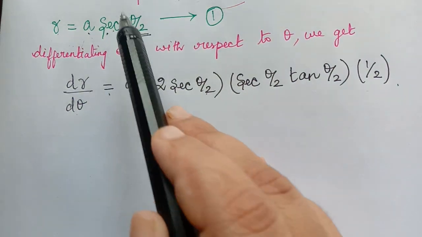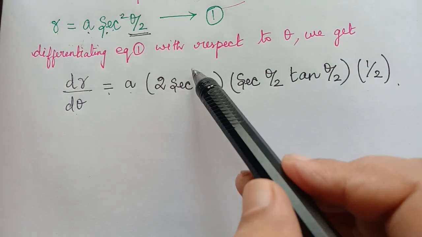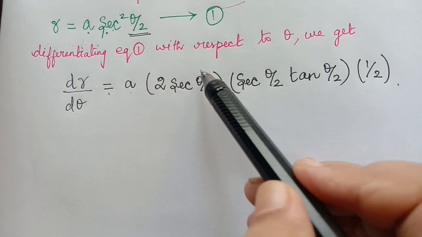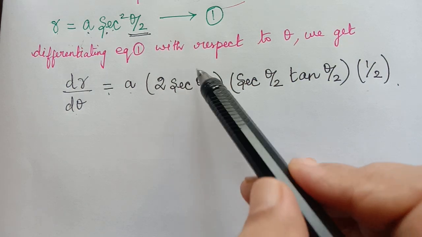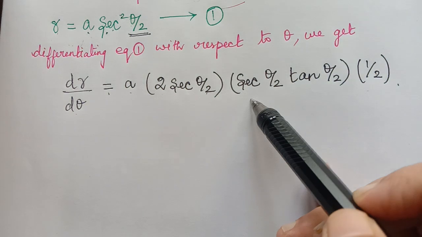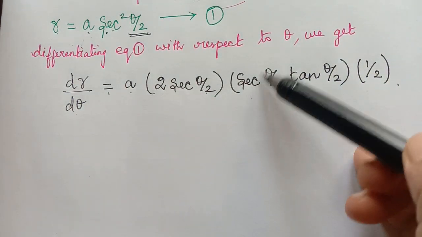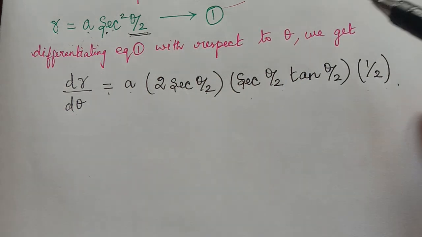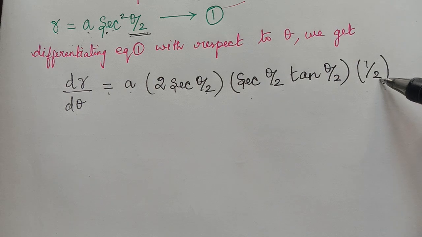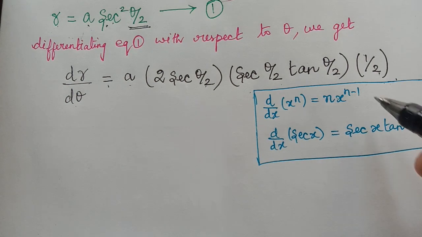Here n is 2, so 2 sec(θ/2) raised to the power 2 minus 1, which is 1. We do not write 1 here because we know that it is sec(θ/2). This is multiplied with the differentiation of sec(θ/2), which is sec(θ/2) tan(θ/2), and multiplied with the differentiation of θ/2, which is 1/2. So these are the two formulas that we have used, and I have listed them here.